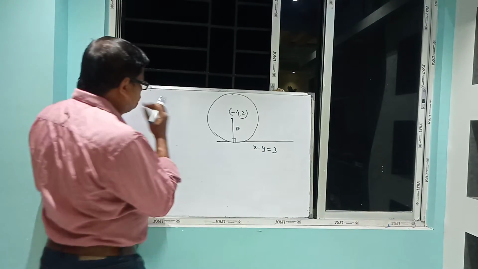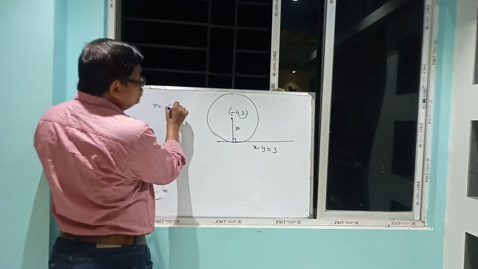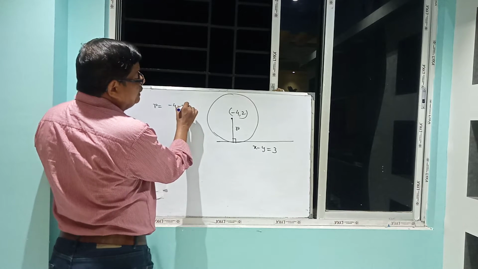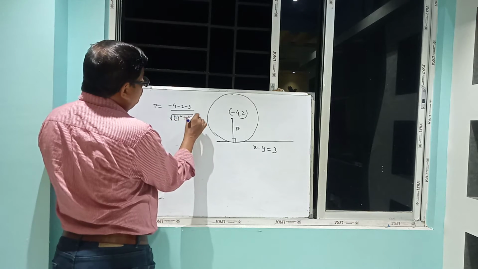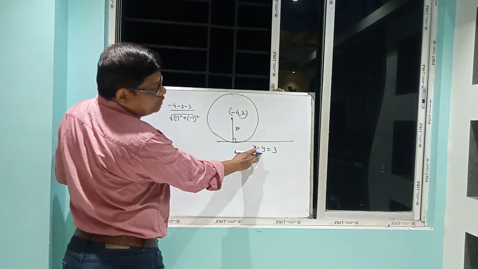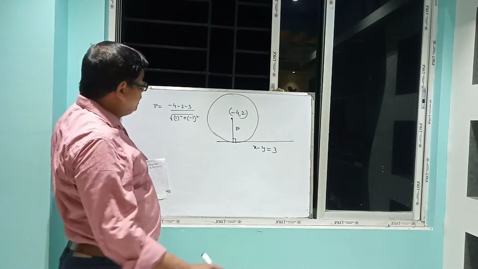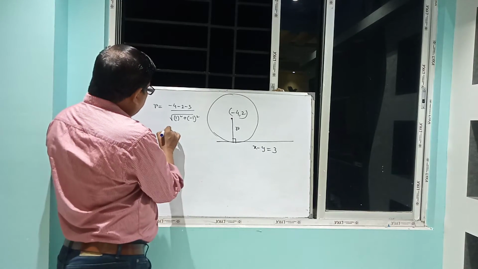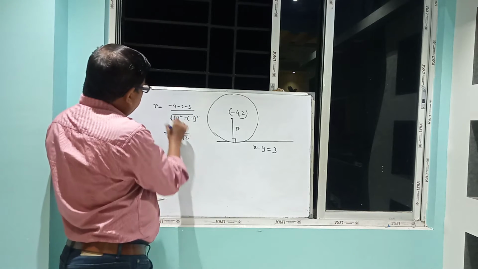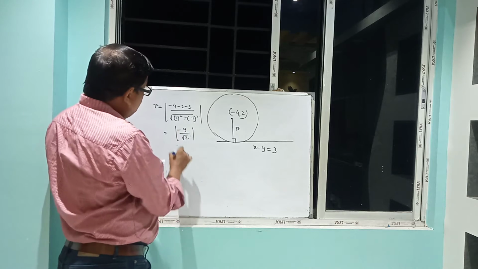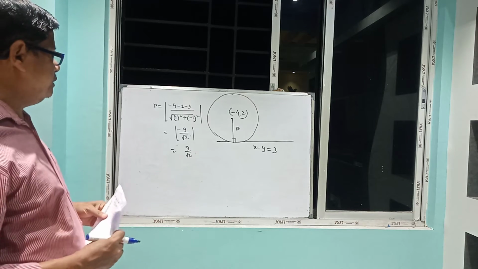So write r equal to x minus y, that is minus 4 minus 2 minus 3, by root under 1 whole square plus minus 1 whole square. 1 is the coefficient: x coefficient 1 and y coefficient minus 1. So right here, minus 9 by root 2. So take the absolute value, the radius is always positive. So write 9 by root 2. You will get the radius. Understood?